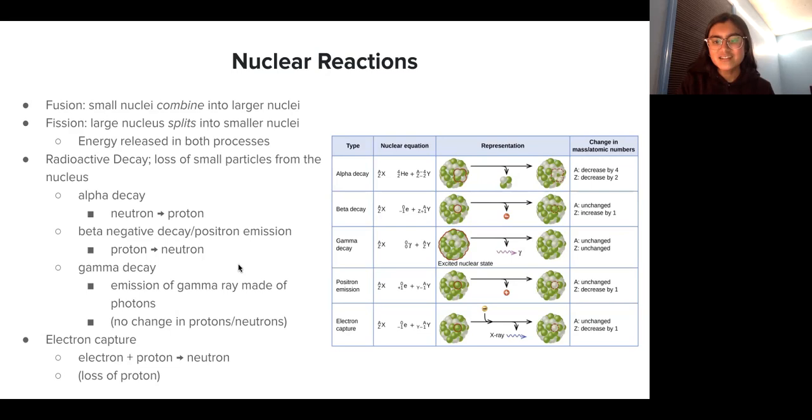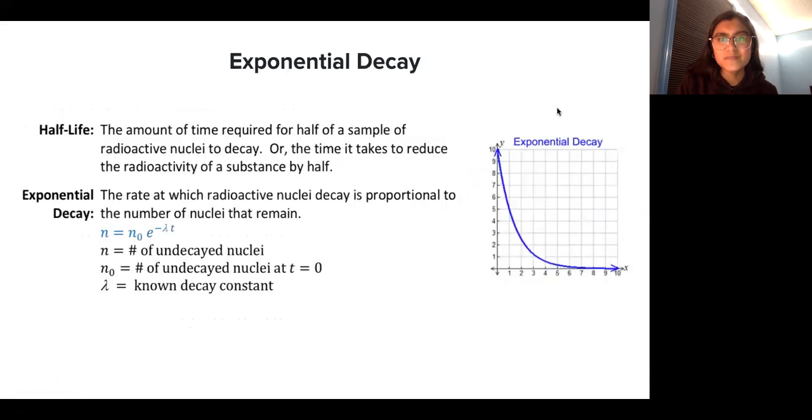Sometimes there's no change; I think for gamma ray, there's no change. So if you're shown something where it's changed from A X Z to, say, Z minus 1, you need to work out what kind of emission or what type of decay was involved. So definitely be familiar with these as well.